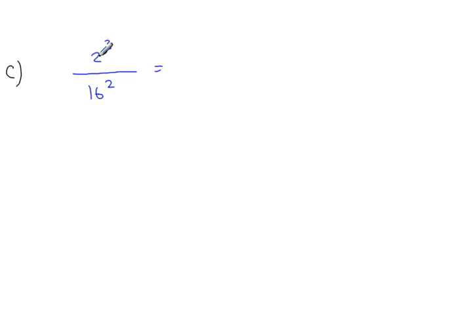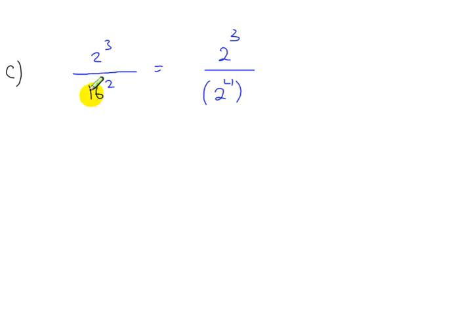2 to the power of 3 over 16 squared. In this one, if we focus on the denominator, the base there is 16, now 16 is also a power of 2. So 16 is 2 to the power of 4. That's just the base.